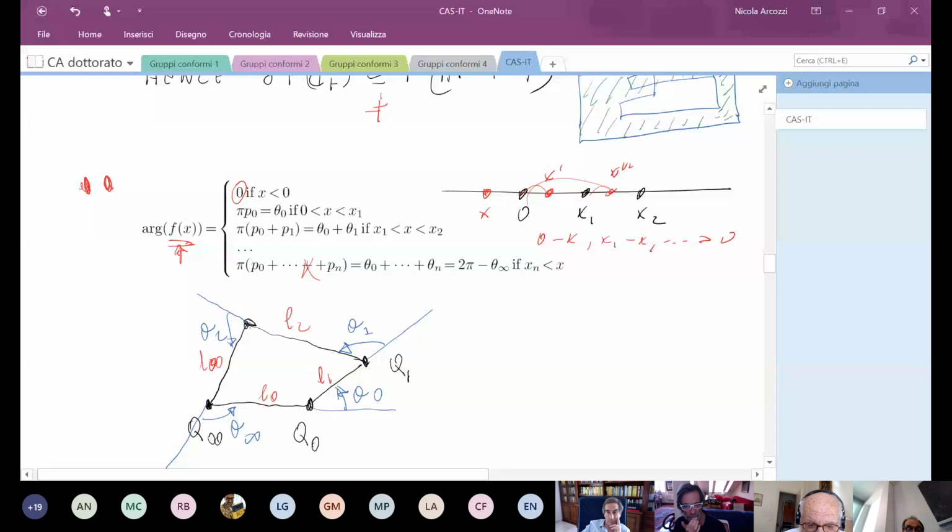And so when I integrate, I start from minus infinity, so I take the integral from minus infinity to 0 of f of x dx.